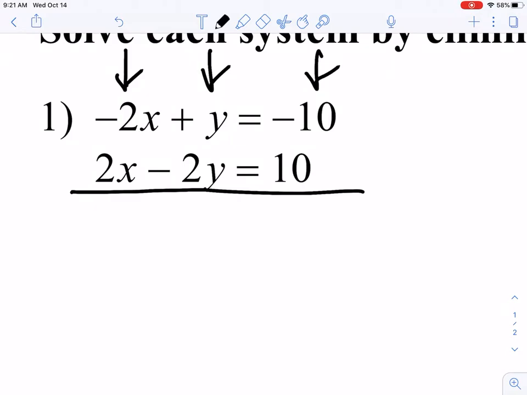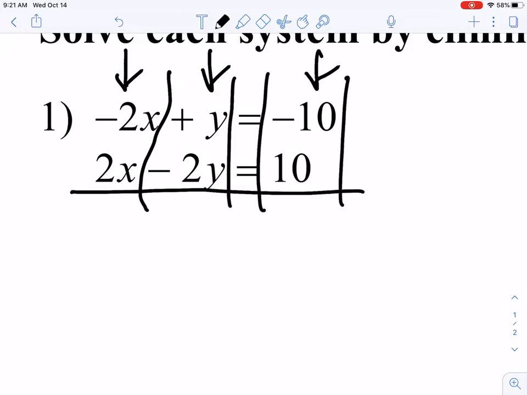Some students like to draw little lines here, because really what we're looking at is we're going to put these two together. Negative 2x and positive 2x is 0x. I don't even have to write that down because it cancels out.